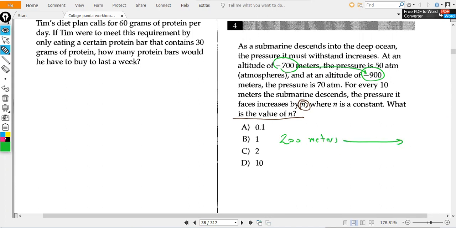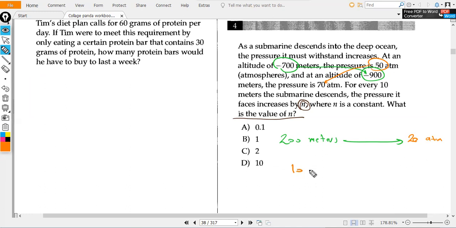The pressure increases from 50 to 70. So how many atm did the pressure increase? 20, good, 20 atm. So we can say that each 200 meters, the pressure will increase 20 atm.